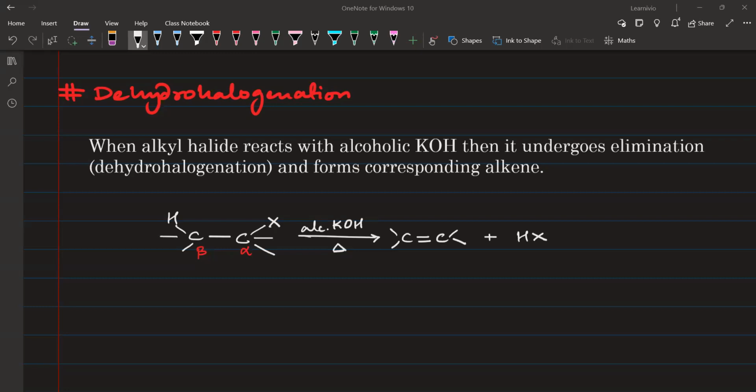By the way, Rishita, am I audible? Yes, sir. जी, आपके स्कूल में कहाँ तक हुआ है हेलो के हेलो की? Sir, I think method of preparation of haloarenes. अच्छा, chemical properties have not been started. No, sir. One thing I'm telling you right now is that when they start chemical properties, they will do nucleophilic substitution.